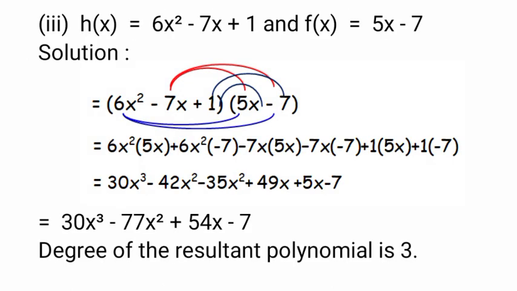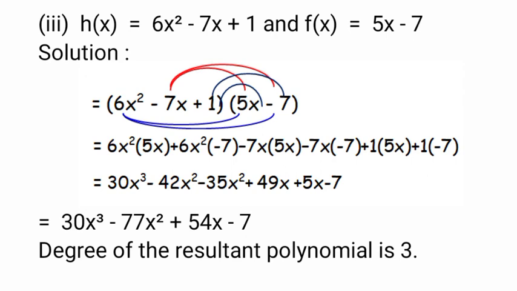Third one, h of x equal to 6x square minus 7x plus 1 and f of x equal to 5x minus 7. Solution, multiply the values, therefore h of x into f of x equal to 6x square minus 7x plus 1 into 5x minus 7.